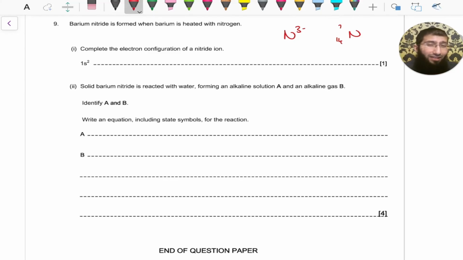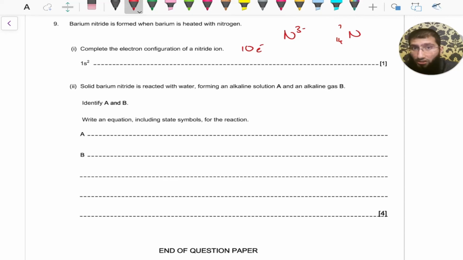So it has 7 electrons in total. So if we've got an ion of nitride, which is N3-, we've gained 3 more electrons. So that brings our total number of electrons to 10. So 10 electrons in total.